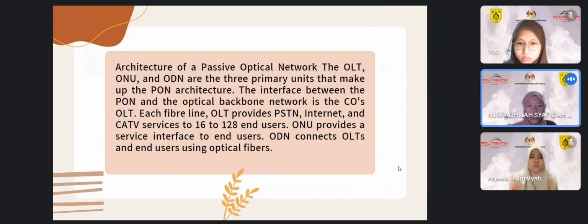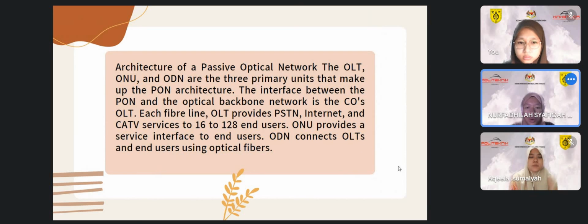Next, the architecture of a passive optical network. The OLT, ONU, and ODN are the three primary units that make up the PON's architecture. The OLT is the interface between the PON and the optical backbone network.